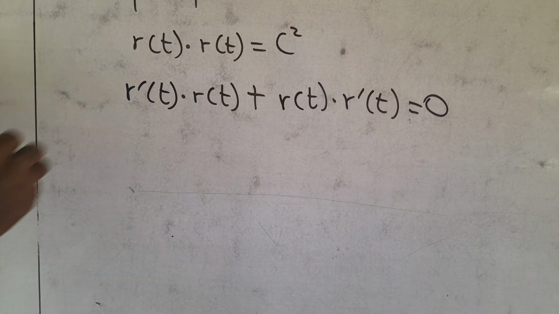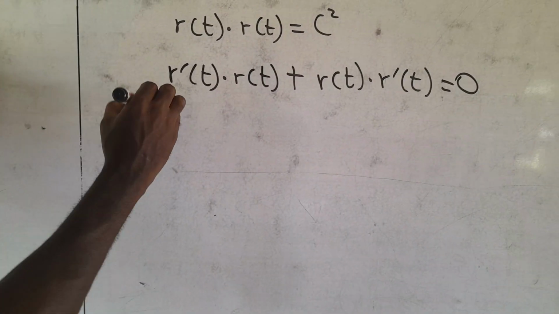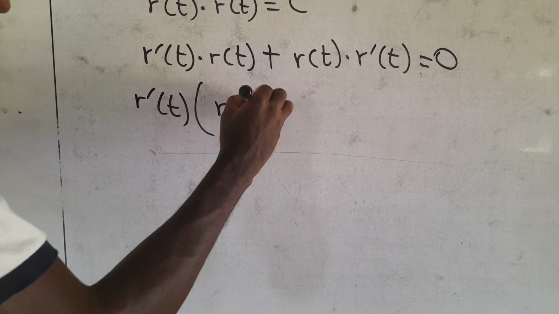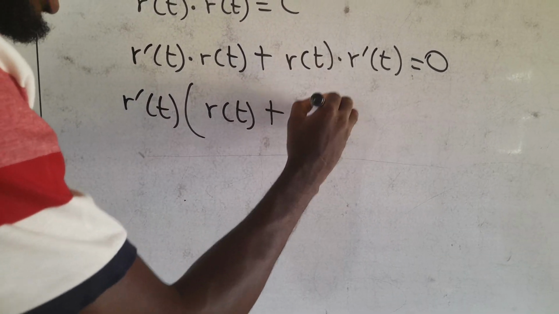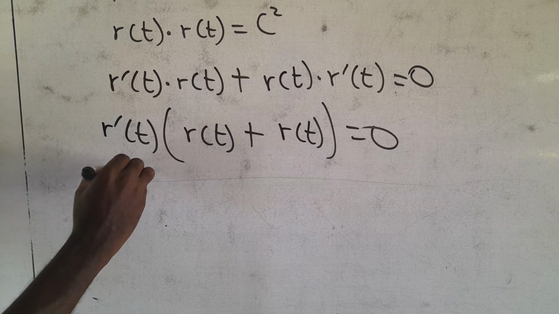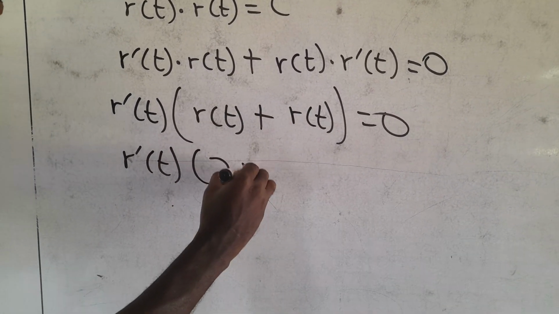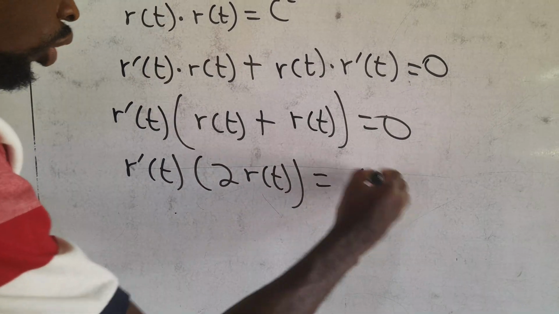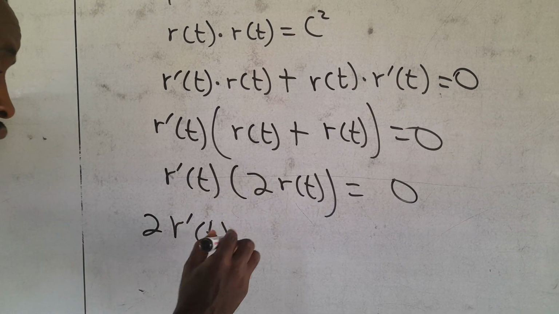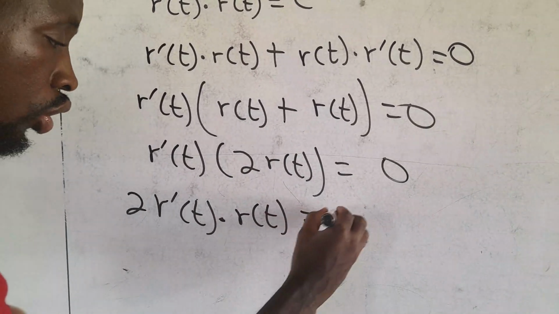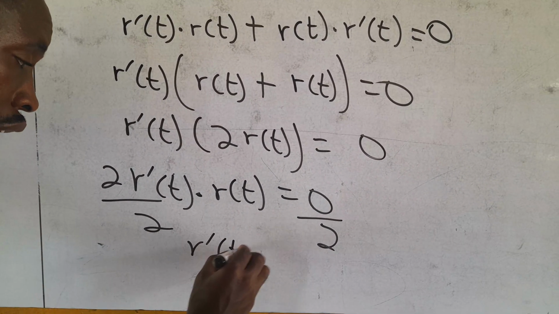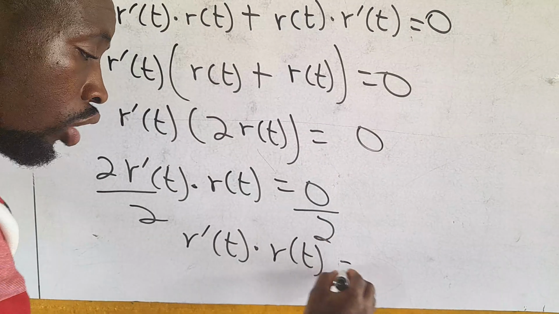So what is common to them? You can see that R prime of t is common, we can bring it out. We'll be left with R of t plus R of t, equal to 0. So R of t plus R of t gives us 2 R of t, and we get 2 R prime of t dot R of t equal to 0. Divide both sides by 2. Then R prime of t dot R of t is equal to 0.